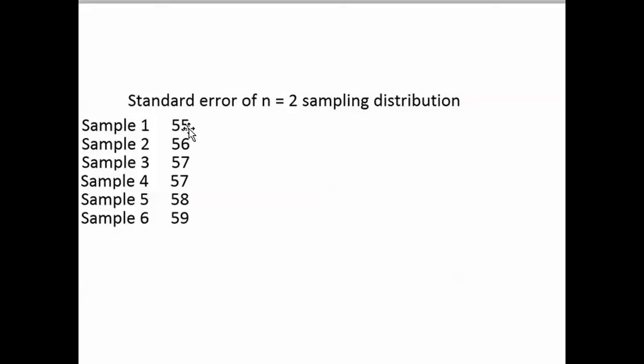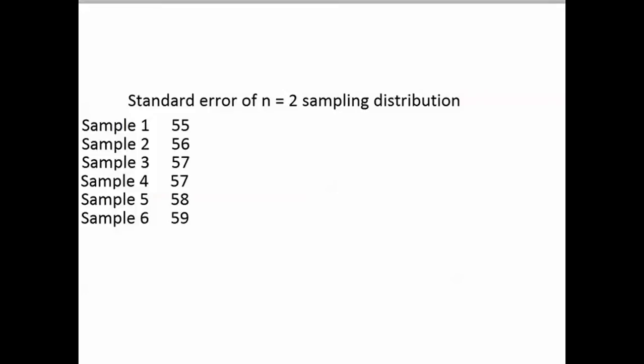If we want to calculate the standard error of this sampling distribution, we just need to follow the standard deviation formula, because after all, the standard error really is just a standard deviation. So if we go through the steps and we calculate the standard deviation of these 6 numbers, the answer will be called a standard error.